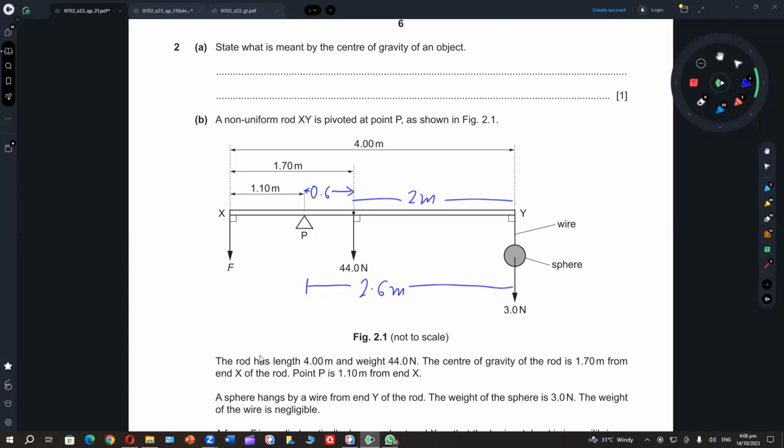Moments equal to force times displacement or distance. So can you scroll down a bit? Yes, then what did you say?